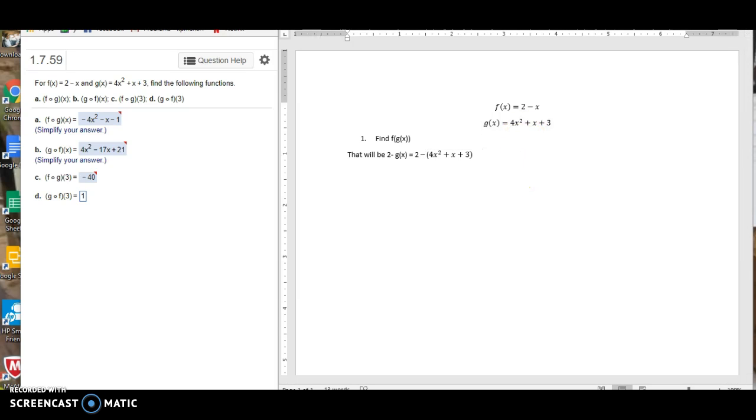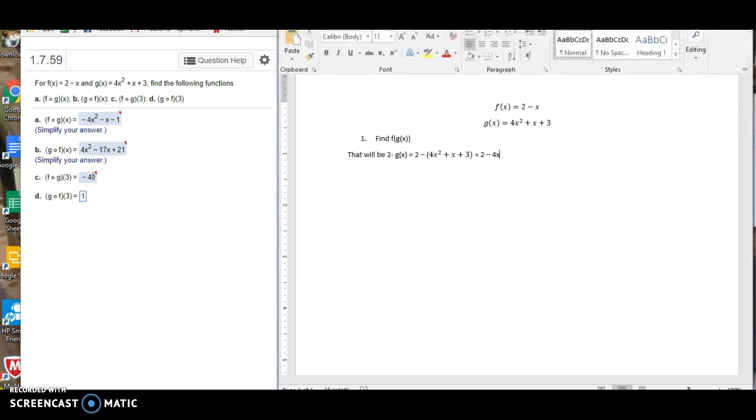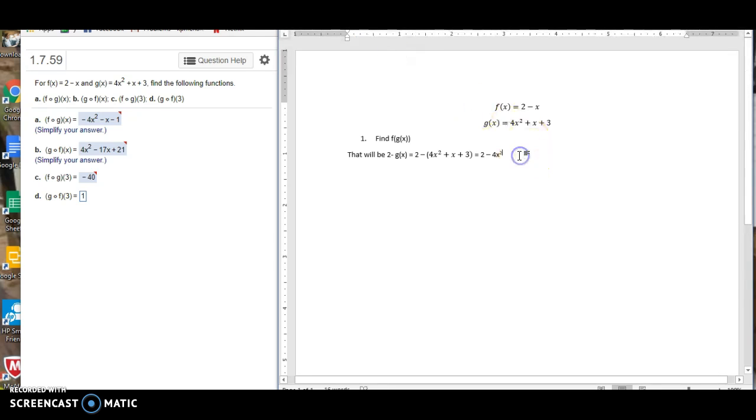So that negative gets distributed, and so I get 2 minus 4x squared, and then it's going to be a minus x, minus x minus 3. There we go. So that negative got distributed to both of those.